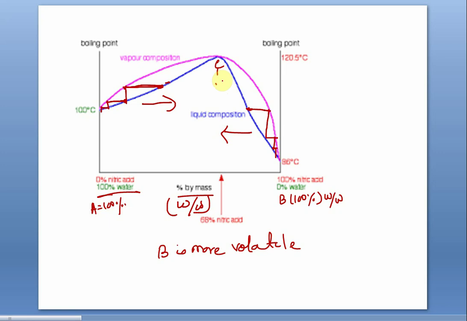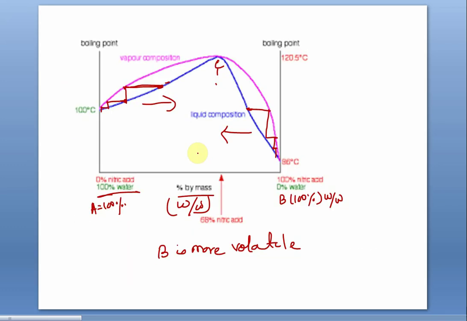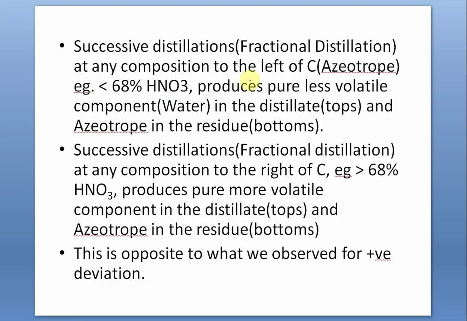As long as you do not adopt some other technique, not distillation, to separate them, right? So in this case, just the opposite. Successive distillation or fractional distillation at any composition to the left of C, the azeotrope, say less than 68% HNO3, I gave you 40%, produces the pure less volatile component, say water, in the distillate tops, and the azeotrope in the residue bottoms.